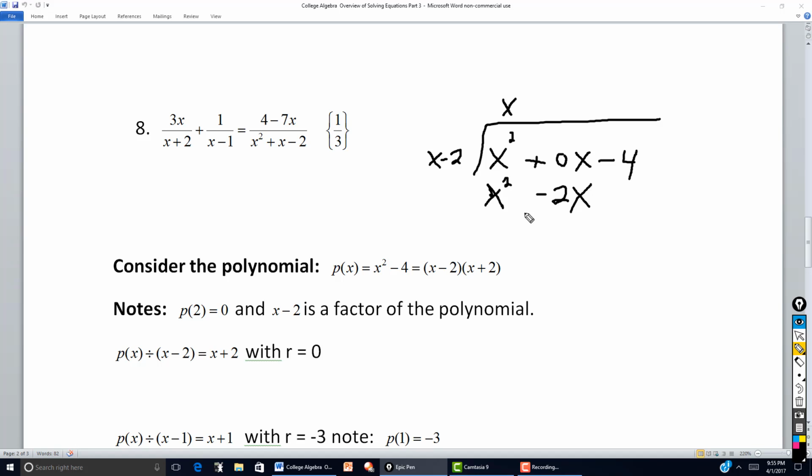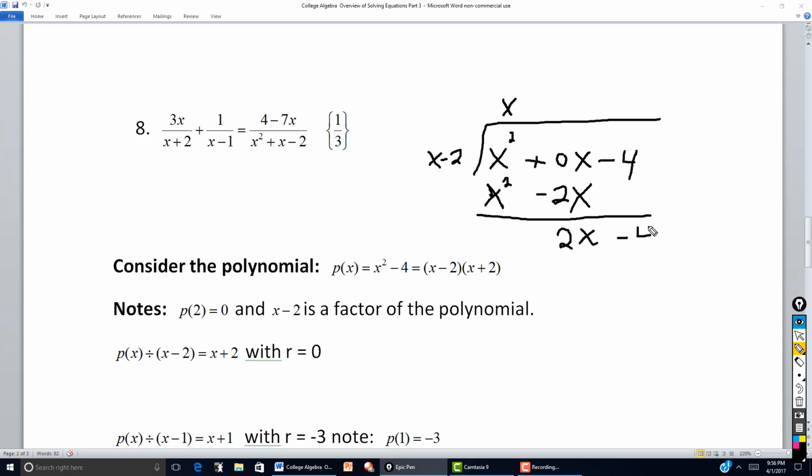And just like what you do when you divide numbers, at this point we subtract. So x squared subtract x squared cancels. 0 subtract a minus 2x. The sign changes because you're subtracting a negative, so this becomes a 2x. And here we're subtracting 0 from minus 4, so that still stays minus 4.